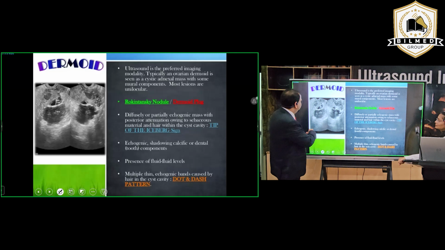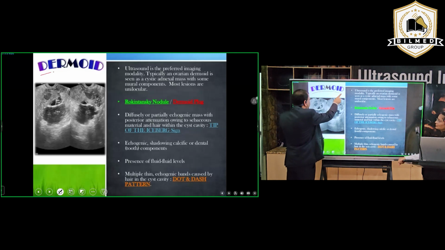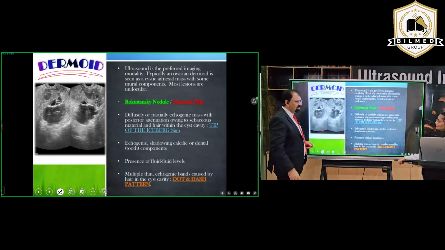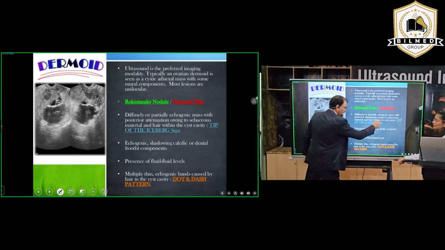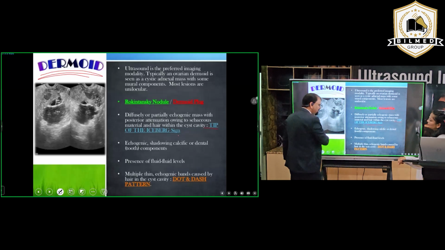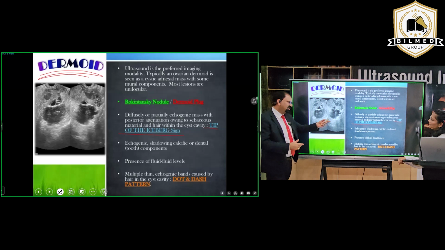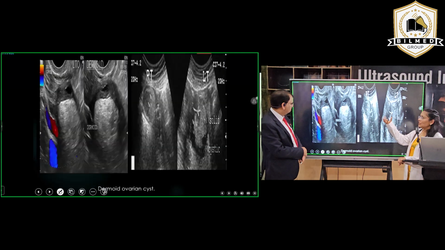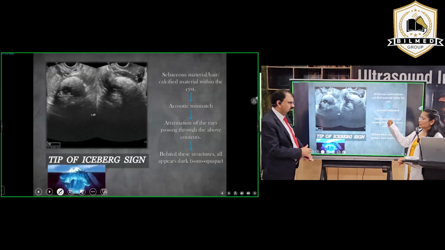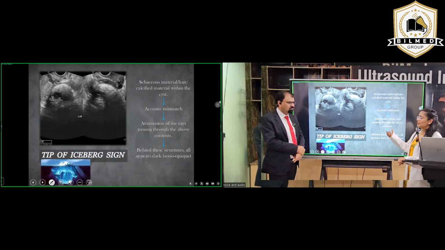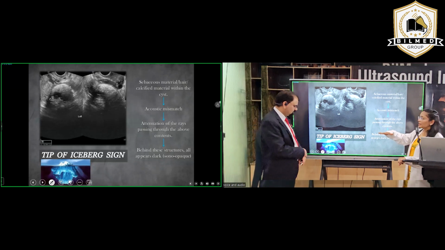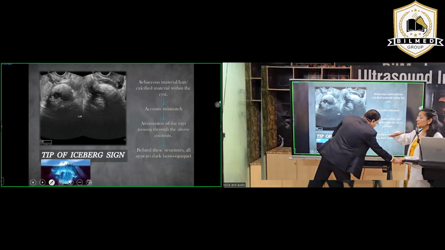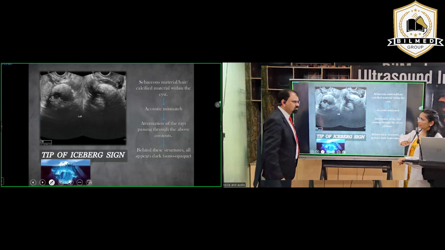A very basic important thing in dermoid is the tip of iceberg sign. Let us discuss what this tip of iceberg sign actually is. Sometimes the material which is seen is just small, and underneath there is more echogenic material which causes posterior attenuation of ultrasound rays.